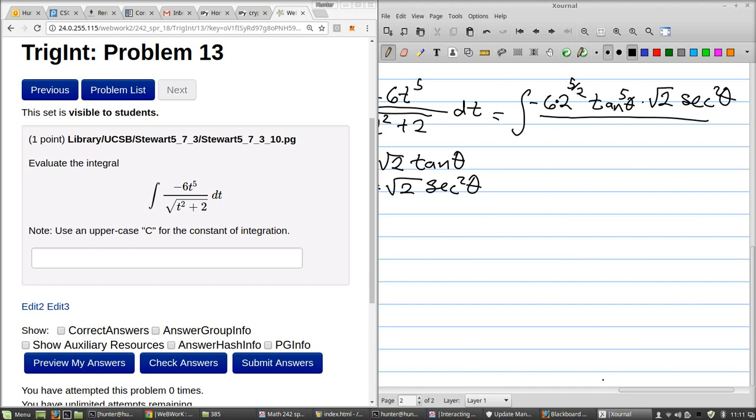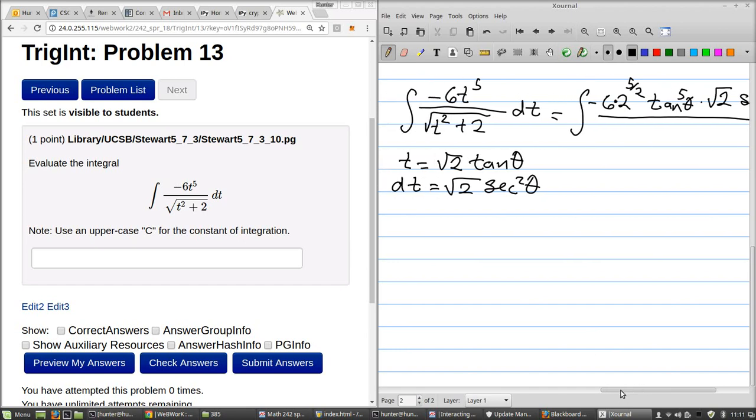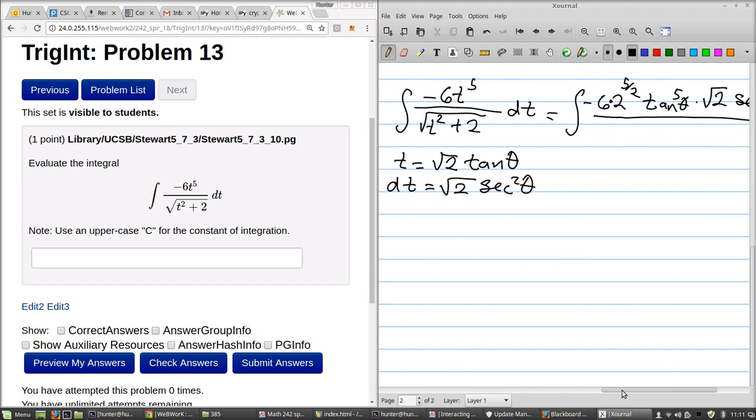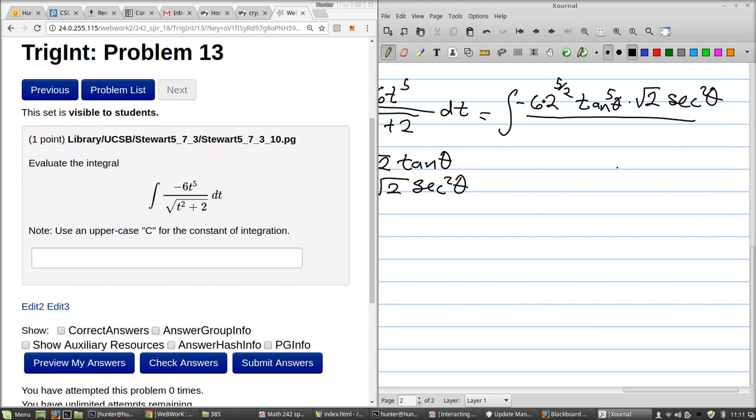Alright, and now the point of the substitution is that the numerator turns into the square root of 2 times secant theta. And we get some cancellations, and one of these secants goes away.